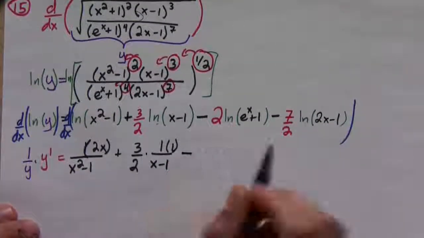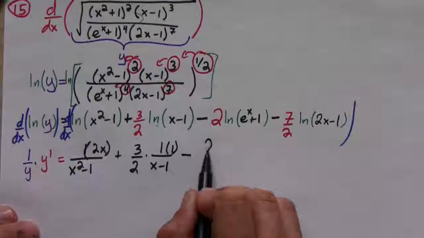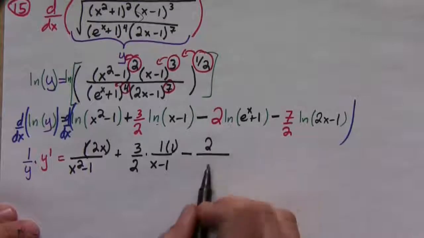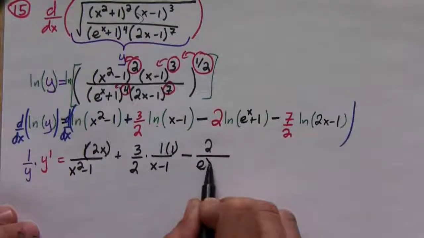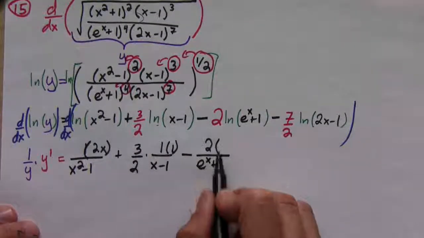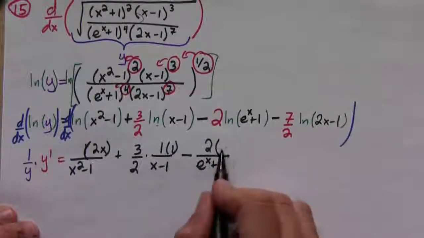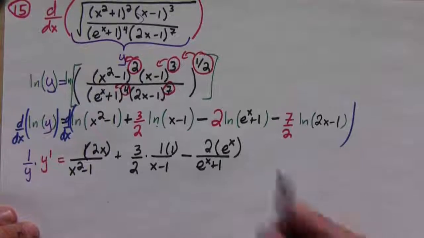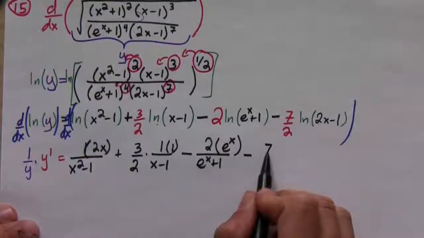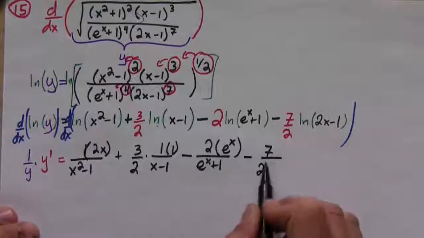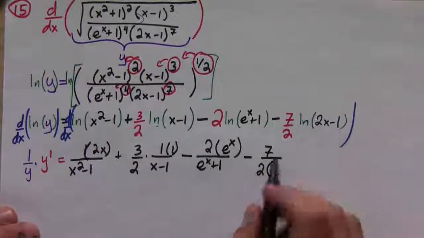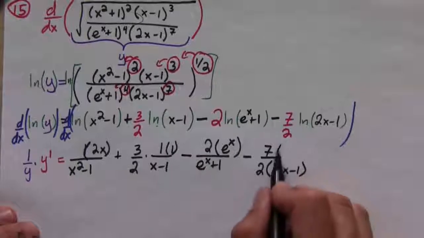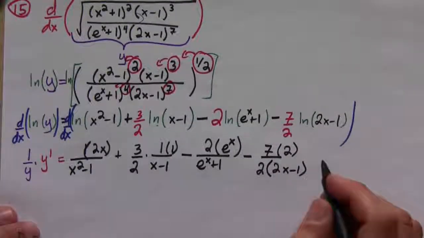That's that one, minus 2 over, same thing, 1 over e to the x plus 1 times the derivative of the inside, which is just e to the x. Okay, minus 7 over 2, and then 2x minus 1, same for this one, times the derivative of the inside, which is just 2.